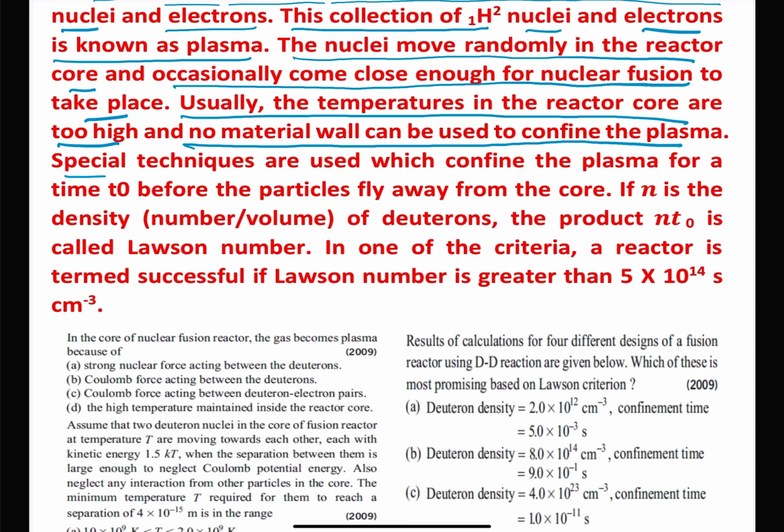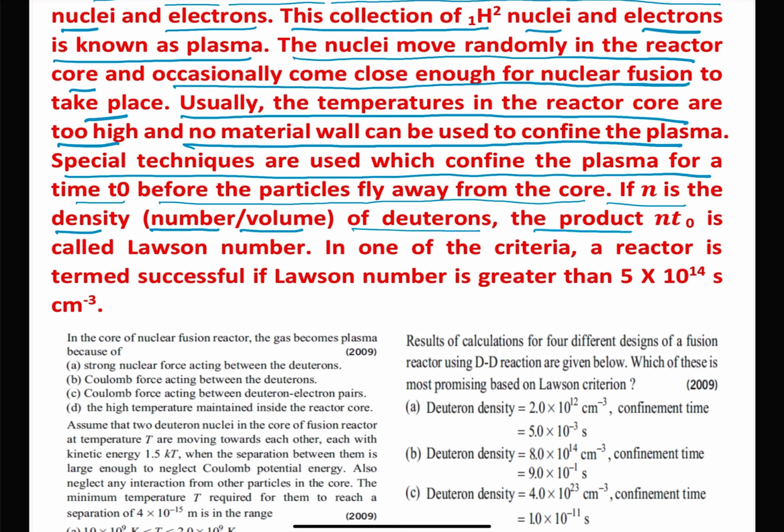Special techniques are used which confine the plasma for a time t0 before the particles fly away from the core. If n is the density, that is number divided by volume of deuterons, the product n t0 is called the Lawson number. In one of the criteria, a reactor is termed successful if the Lawson number is greater than 5 into 10 to the power 14 second per centimeter cube.